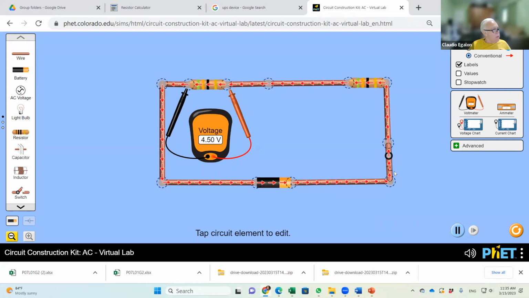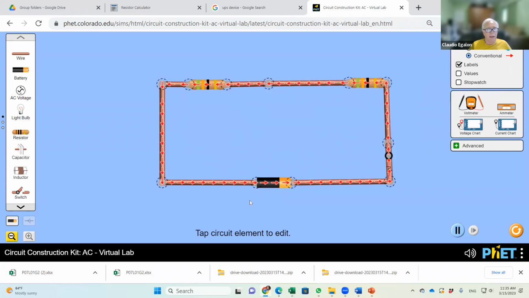So play a little bit with this device, okay, and you can do the same for resistors in parallel. I'm gonna get this guy out of here. Yeah, here you go.